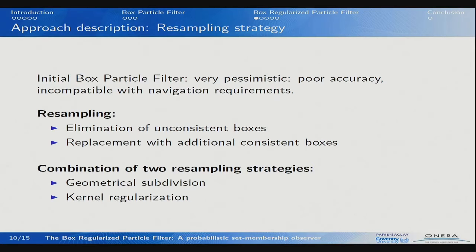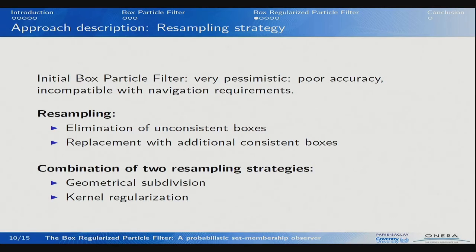In fact, we added some steps in the resampling step. The resampling step is removing the inconsistent particles to replace them with consistent particles. It is not operated at each time step. It is triggered regularly if there are too many inconsistent particles.